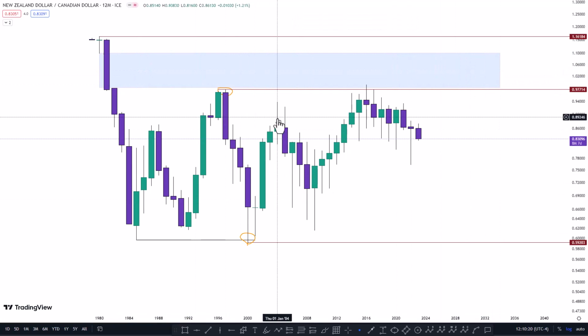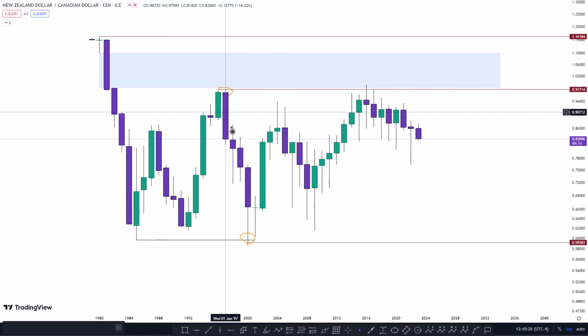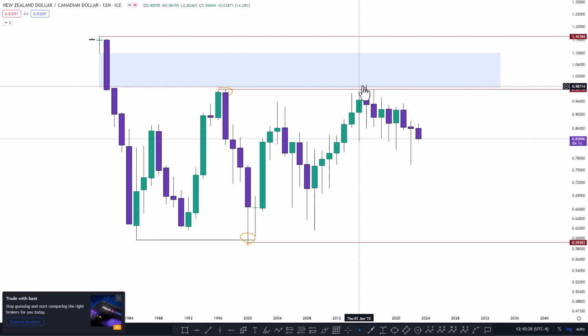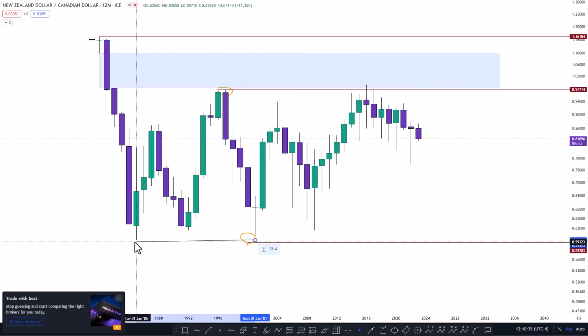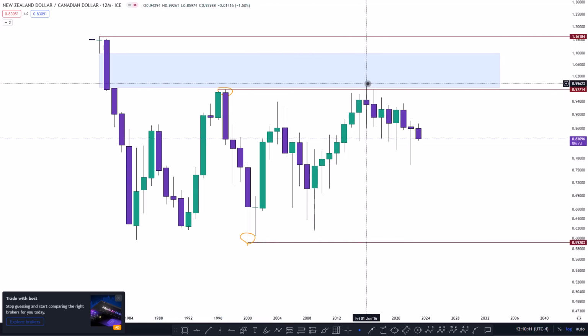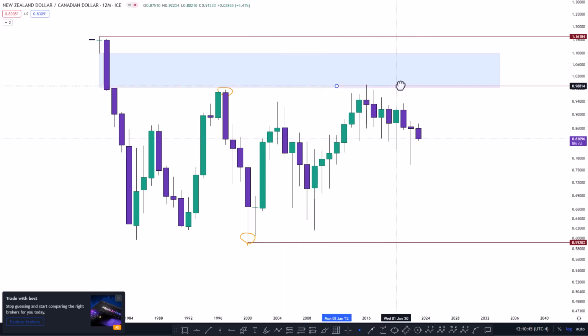So we are bullish this time because we have a bearish range. If you look left, this would be our bearish range, but it is broken here. So this time we are bullish. Our range of interest is going to be from this low all the way to this high right here.